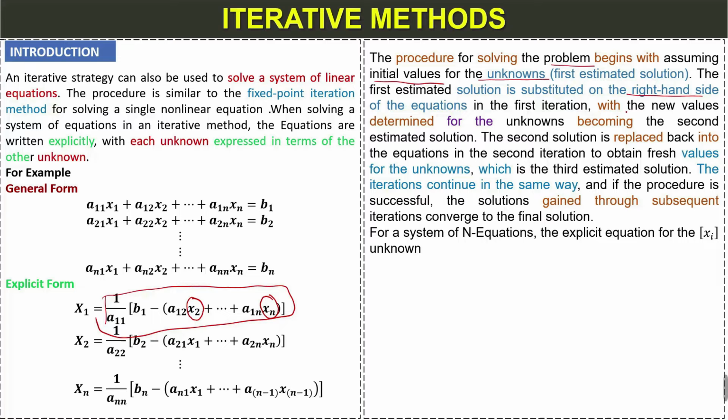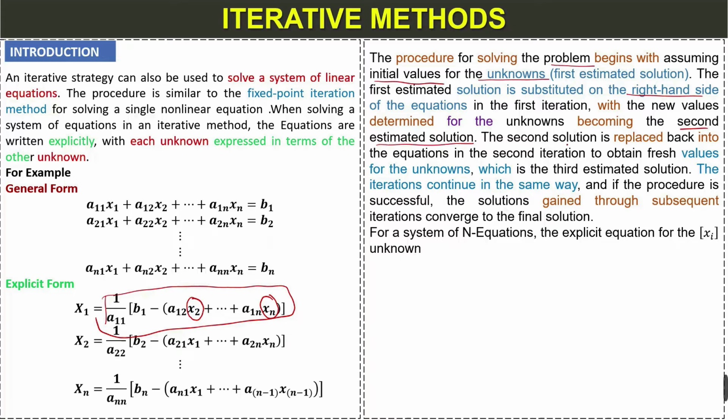In the first iteration, the new values determined for the unknowns become the second estimated solution. After substituting the initial values, we get a new estimated solution, and that will be the second estimated solution.